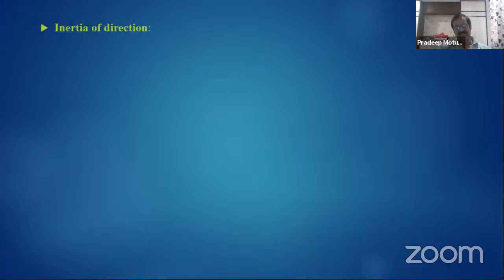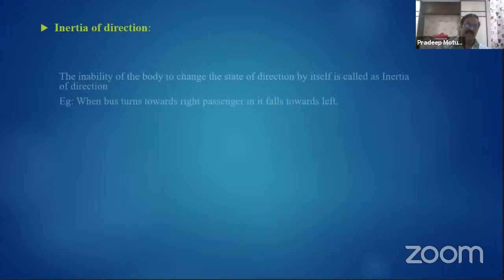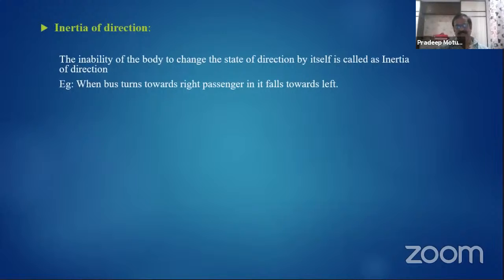Similarly, inertia of direction explains that the inability of the body to change its state of direction by itself is called inertia of direction. I also showed this picture: when the bus travels towards the right, the passenger in the bus falls to the left-hand side. That is inertia of direction. Very important.